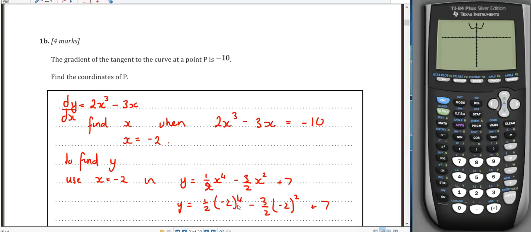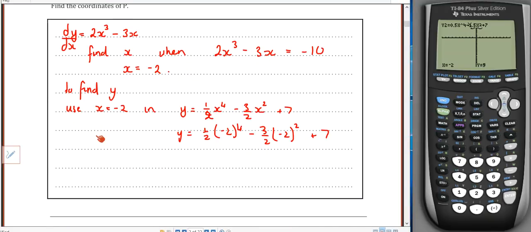And now I just want when x is negative 2, so if I go to second calc value and put negative 2 in that one, I get y equals 9 out. So there's one way of doing it. There are others. But I do that and I get when x equals negative 2, y equals 9. Therefore, point P is negative 2, 9.